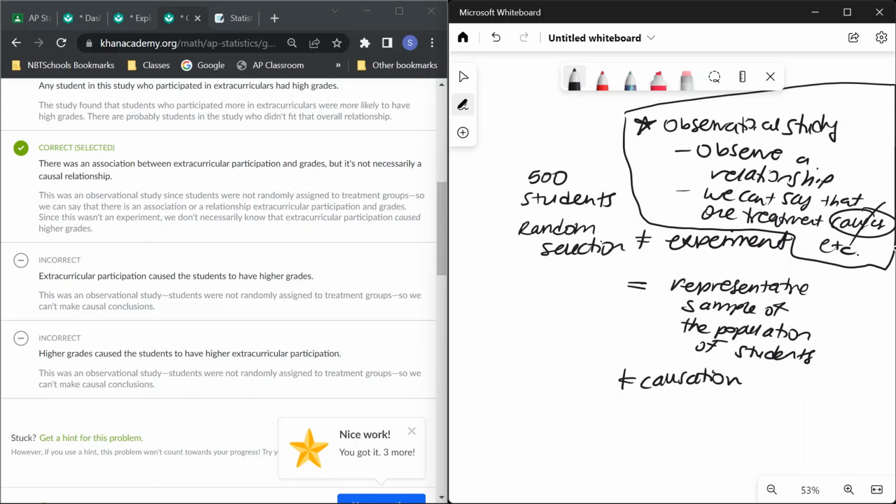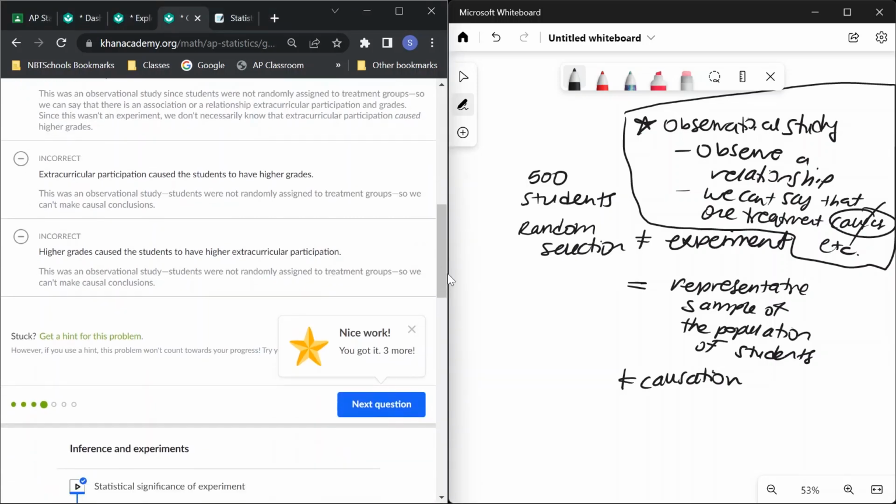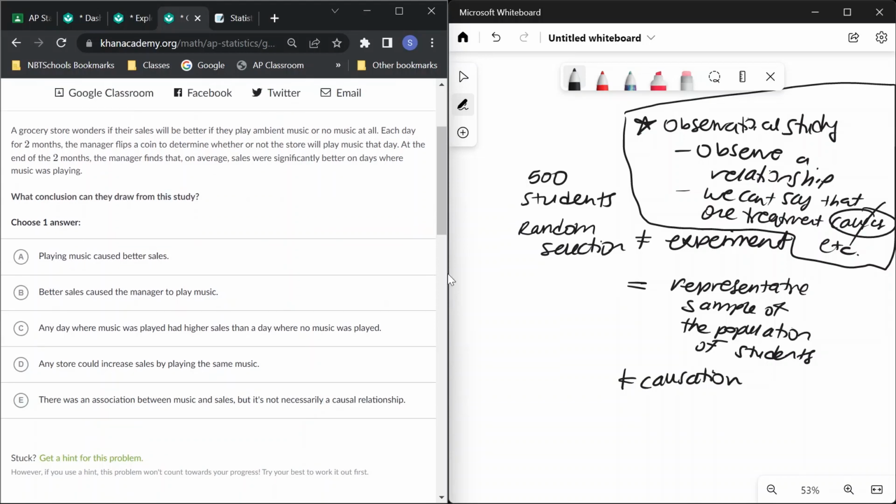And you can see that there's a relationship, but you can't say that for sure. Well, no, it depends if it's an observational study or... Okay, anyway, back to the problem. We'll get there. I want to be done.